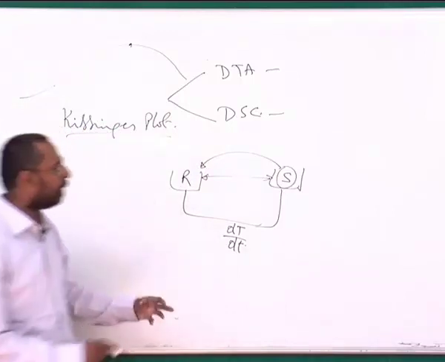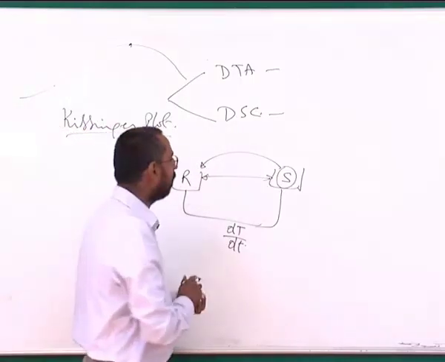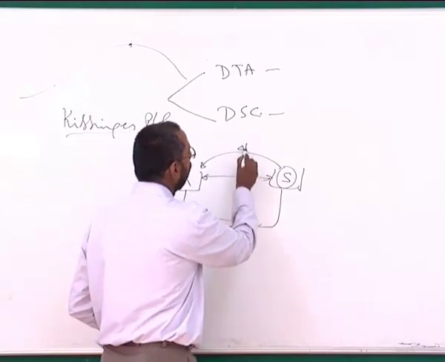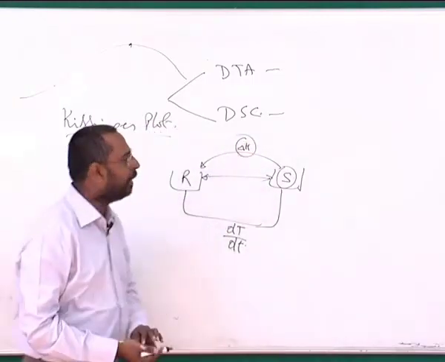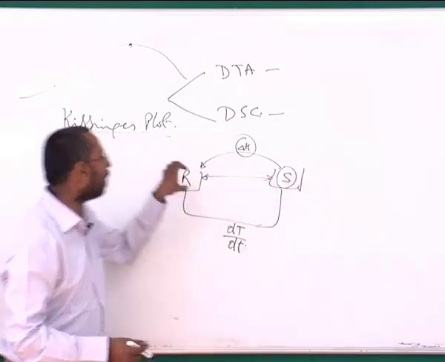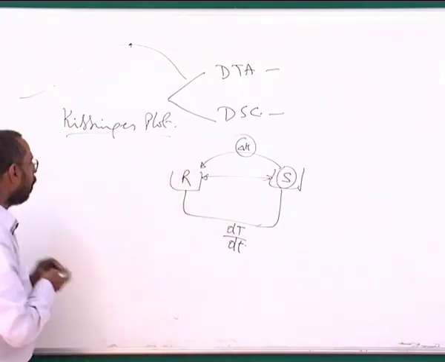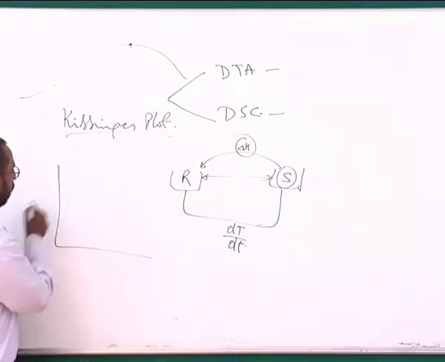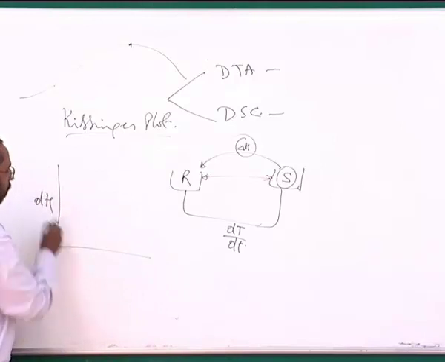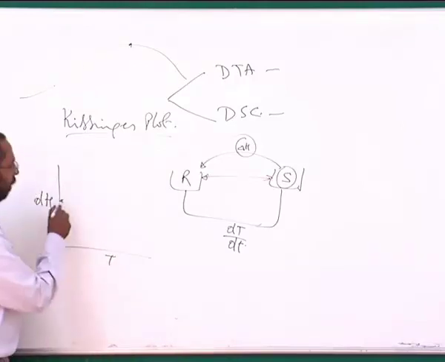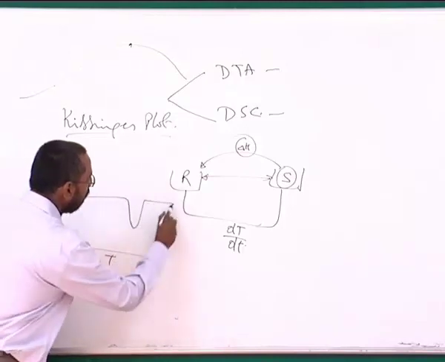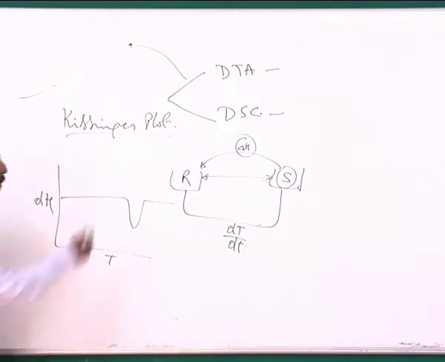So instead of the temperature differences, I am measuring the enthalpy that needs to be provided to maintain the temperature of the sample similar to that of the reference. And now what I plot here is not delta T, but dH versus T.